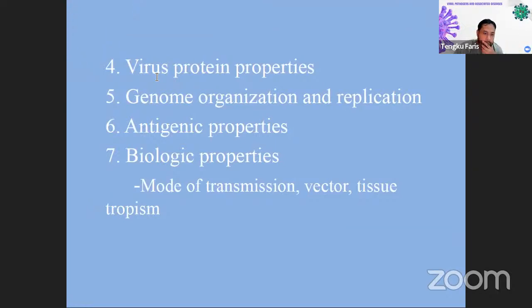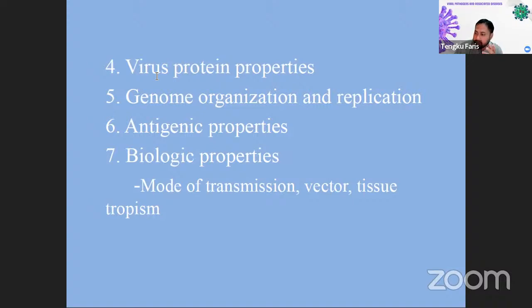And we also classify them based on the biologic properties, like mode of transmission, whether it's airborne, from the food, or from touching. So we look at the vectors. Is there any carrier for these viruses?